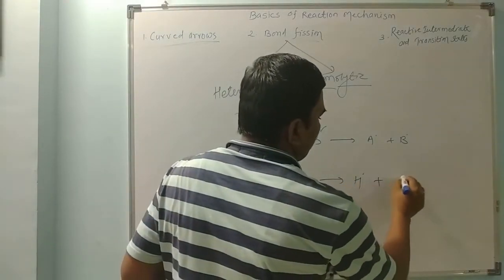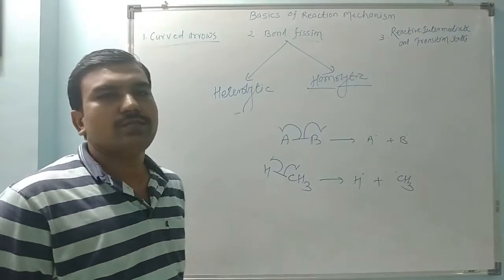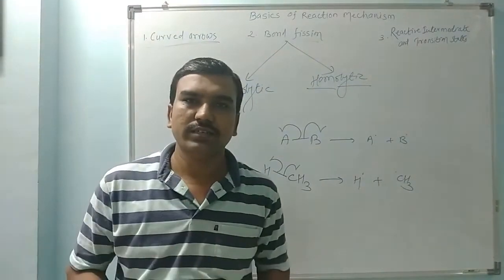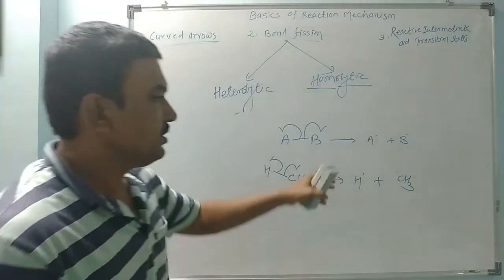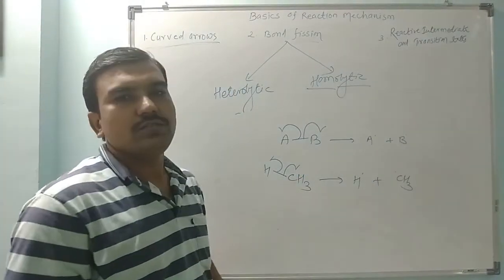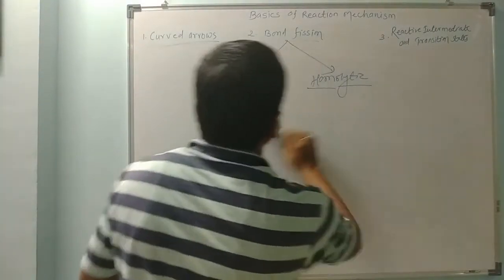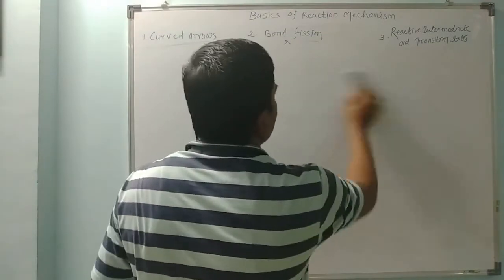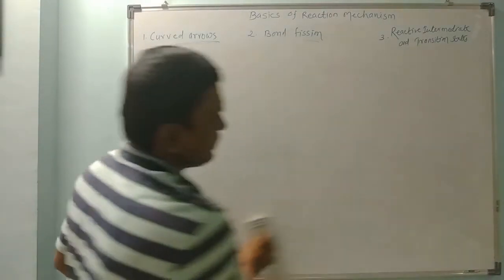So H radical plus CH3 free radical we can get here. So free radicals are generated through homolytic bond fission because each radical receives one unpaired electron. So these are the two bond fissions we can show in organic reactions.